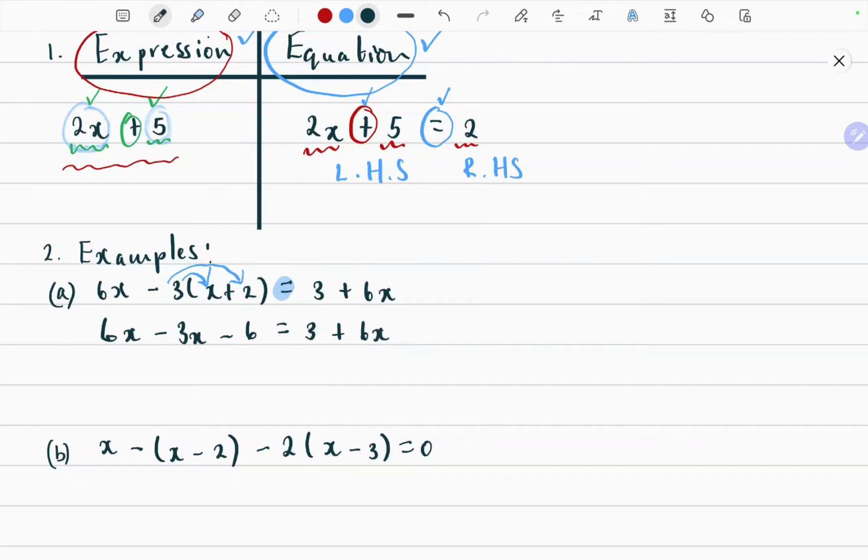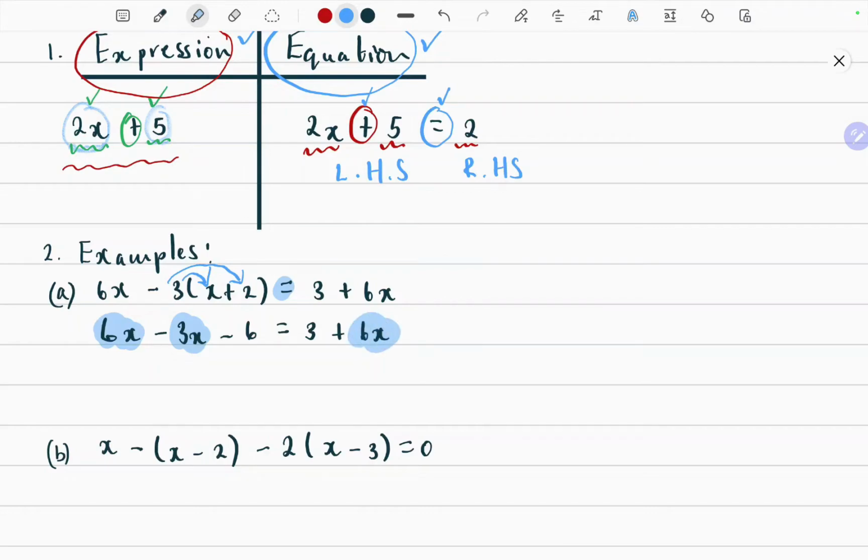And the next step when solving equations is always to group like terms. So what you'd want to do here is put all the terms containing variables on the left side, and all the terms containing constants on the right-hand side. This is a term, this is a term, and this is a term.